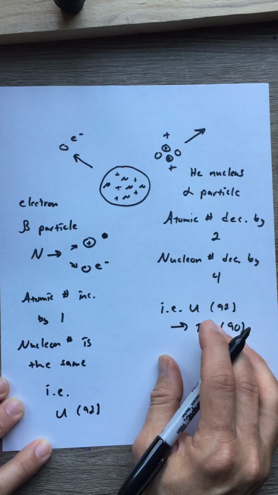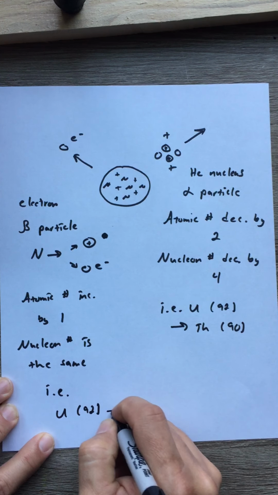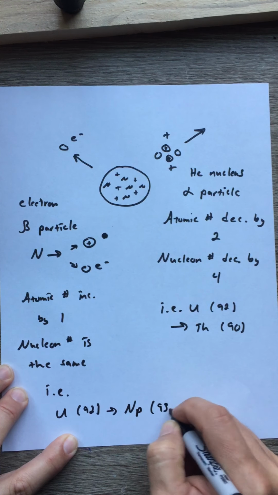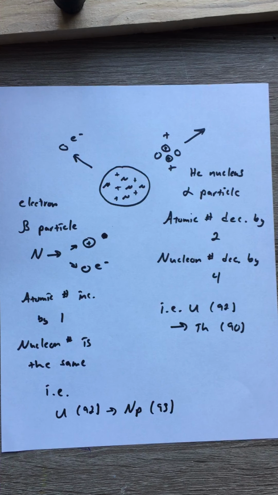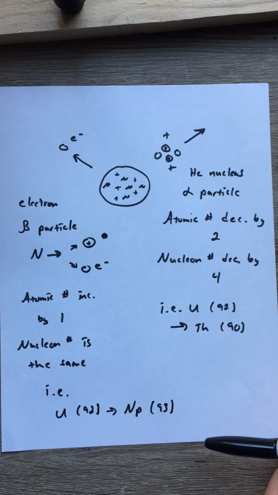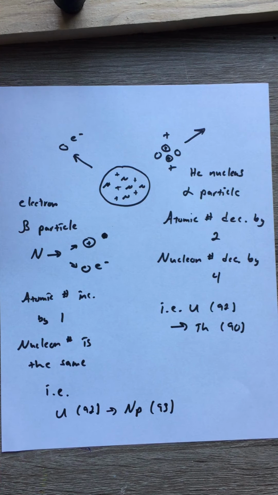If uranium happens to decay with a beta process, it turns into neptunium, which is atomic number 93. So in both cases, we decay into another element. In both cases, in these particular examples, the element we decay into is also unstable and will decay further.